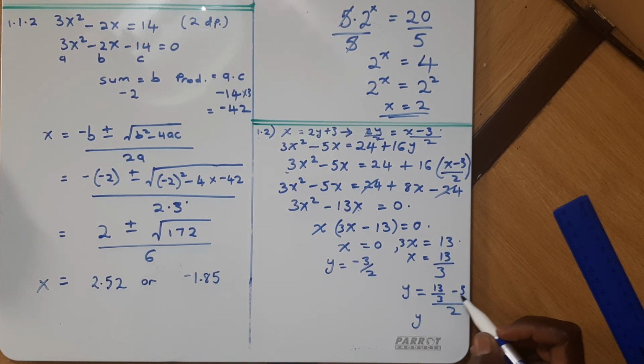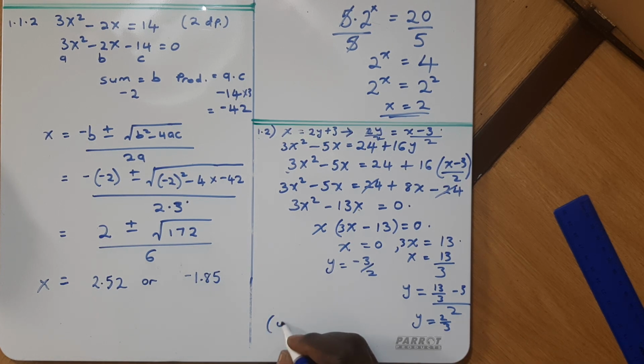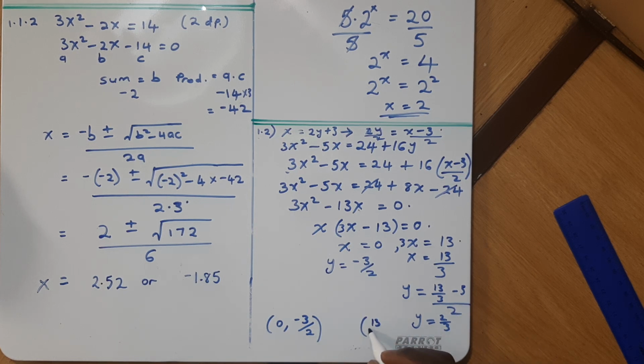So 13 over 3 minus 3 is 4 over 3. And then all divided by 2 would give us 2 over 3. So in essence, our values are 0 and minus 3 over 2 for x and y, and 13 over 3 and 2 over 3.